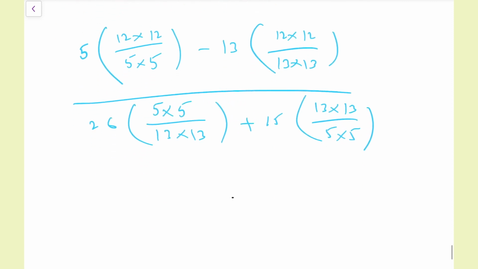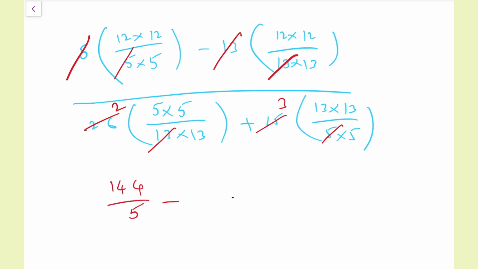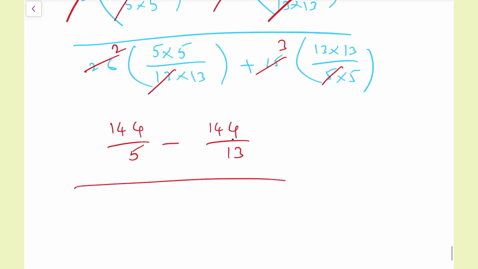Let us check for any simplification or cancellation. 5 will get cancelled, 13 cancel, 13 ones are 13, 13 twos are 26, 5 ones are 5, 5 threes are 15. That's it. So now remaining is 12 into 12, 144 by 5 minus 12 into 12, 144 by 13, whole divided by 5 5s are 25, 25 2s are 50 by 13 plus 13 13s are 169, 169 3s are 507 divided by 5.